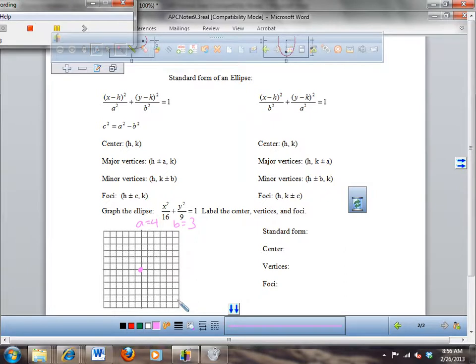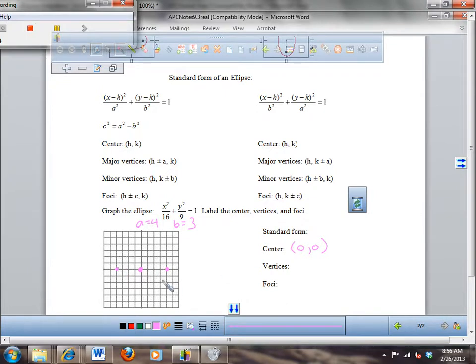Okay. This is already in standard form, so you don't have to worry about that. The center is at (0, 0). And then the vertices: since A is 4, you're going to go over 4, 1, 2, 3, 4, out that way, and then back 4, 1, 2, 3, 4, back that way.